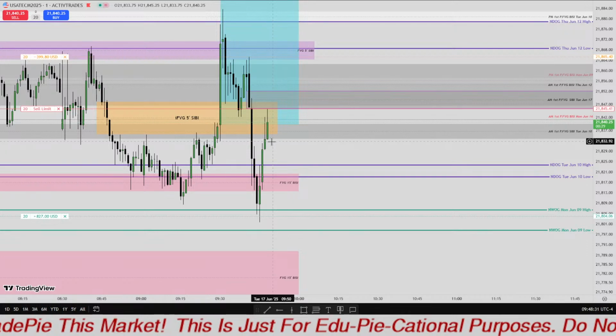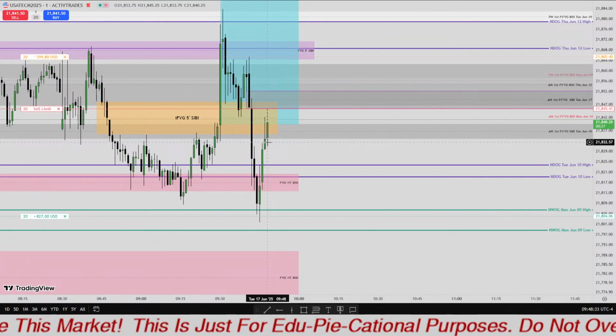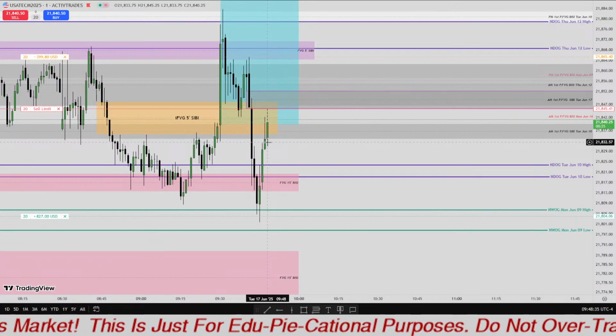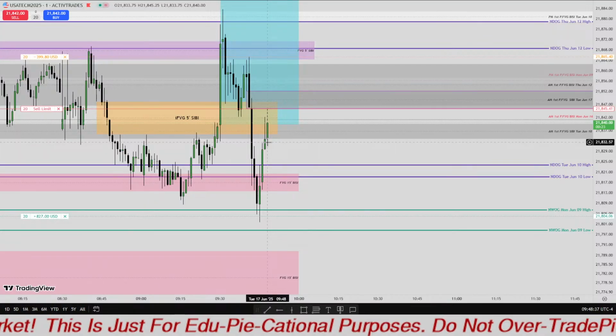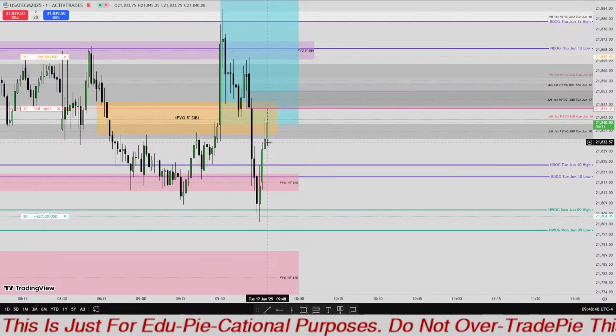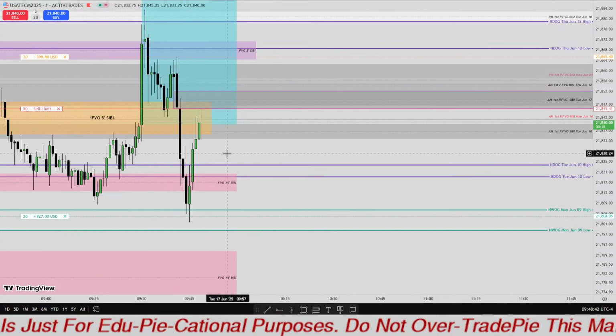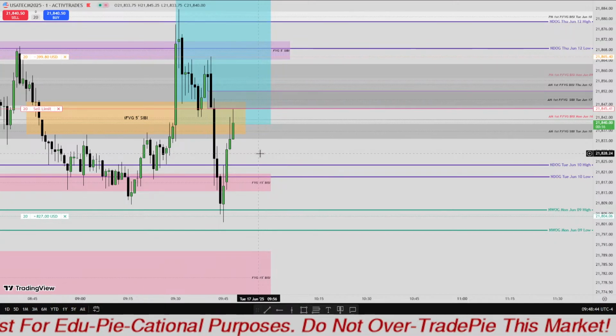Well, actually, I don't know if I got filled or not on this position. The high is at 45.25. Okay, we didn't get filled. Not yet.